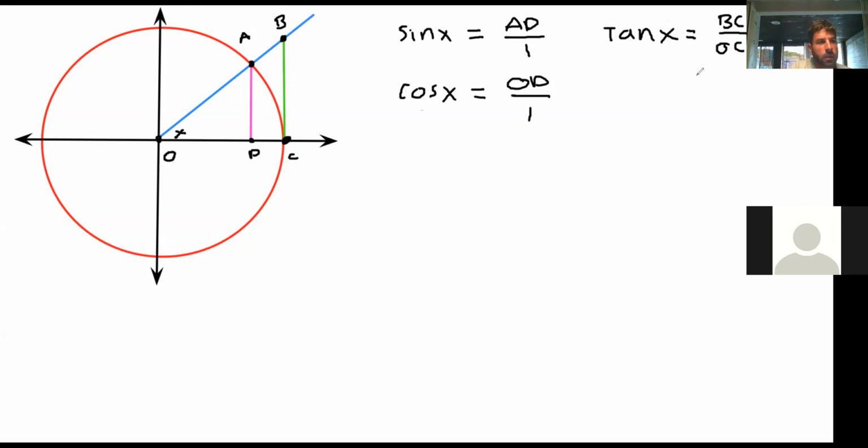But what's OC? OC is just 1, so that's equal to BC. Why is OC 1? Well, that's the radius of the circle.